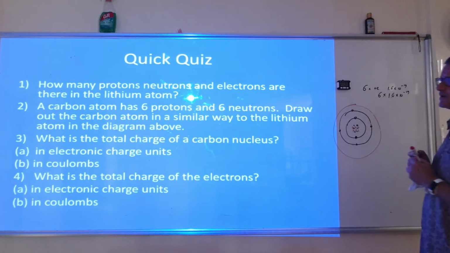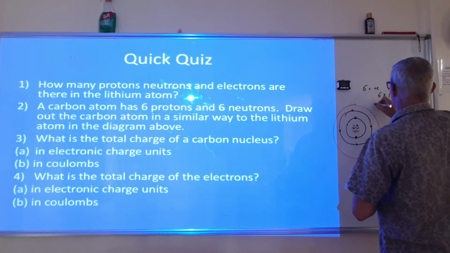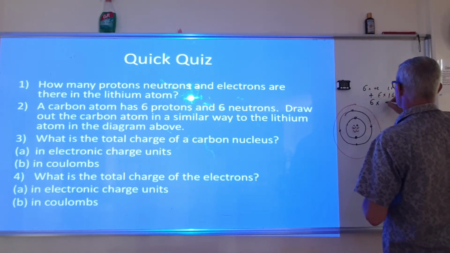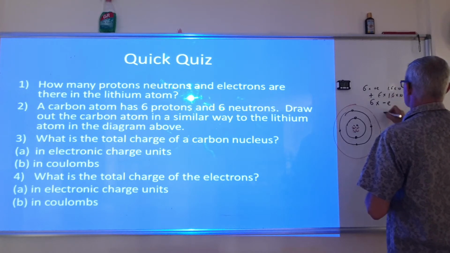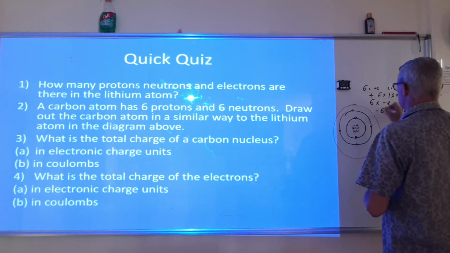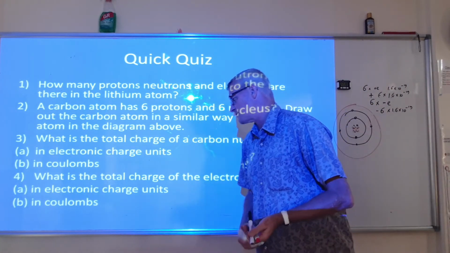This is only for the nucleus, where protons are positive. If we would do the same for the electrons, that is 6 times 1.6 times 10 to the negative 19, negative. And they are equal to the charge of the protons. Okay?